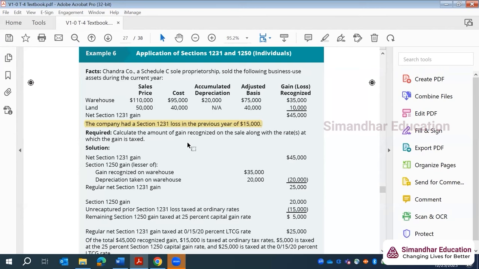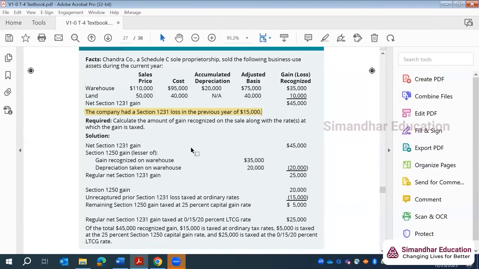So everything will be a Section 1250 gain. So you would pay 25% tax on the $20,000. And on the remaining $25,000, since it's a Section 1231 gain, it's a capital gain, you will have preferential rates, which will be taxed anywhere between 0 to 20%.